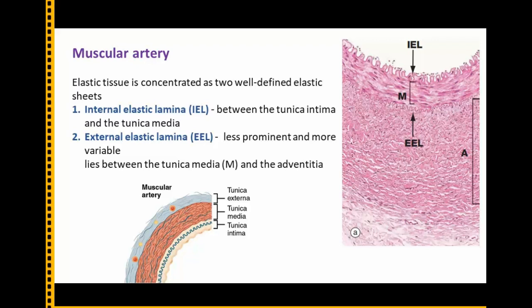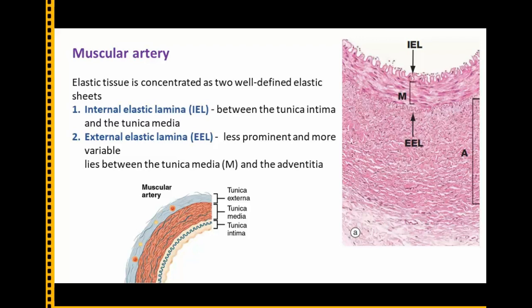Then the second one, muscular arteries. The name muscular arteries implies that there are more muscle fibers. Here you can distinguish two elastic fiber layers. Most of the elastic fibers in this type of artery are concentrated into two well defined elastic sheets.